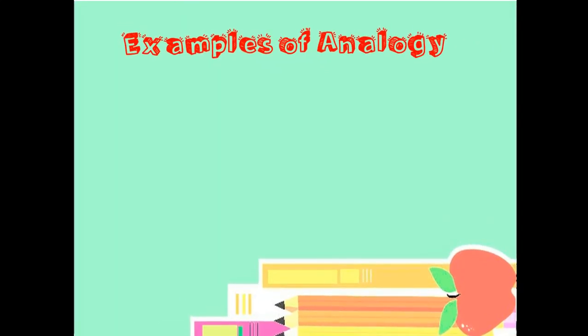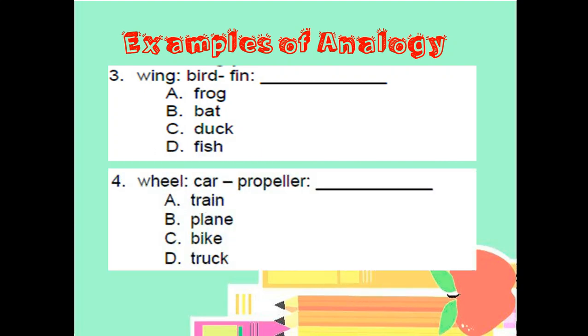Now, let's proceed to another example. For number 3, we have wing for bird, fin is for blank. A. Frog, B. Bat, C. Duck, or D. Fish. Let us try to identify first the relationship of wing and bird.